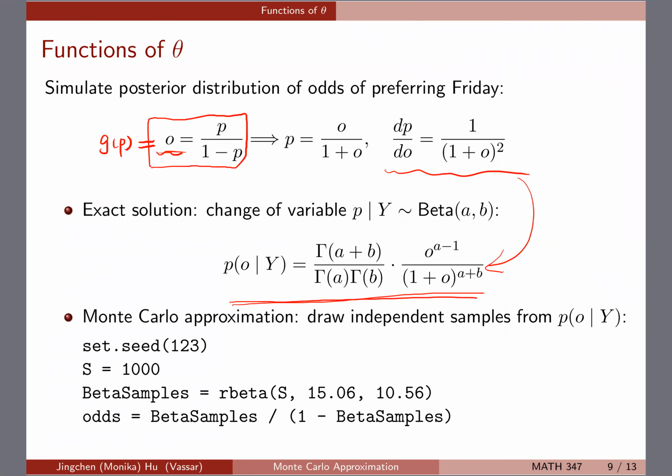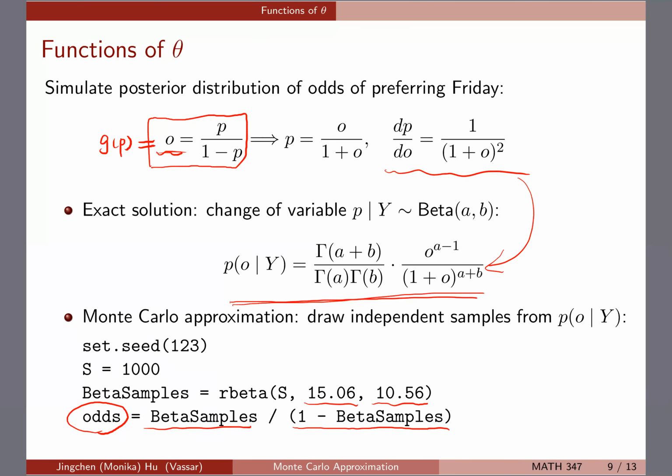Then we create a vector called beta samples. I'm drawing 1,000 of them with the posterior parameters. Remember these, 15.06 and 10.56. And then I have a new vector, as you can see here. That is pretty straightforward because R can do vector manipulation pretty easily. 1 minus that vector will just get 1 minus P as a vector.